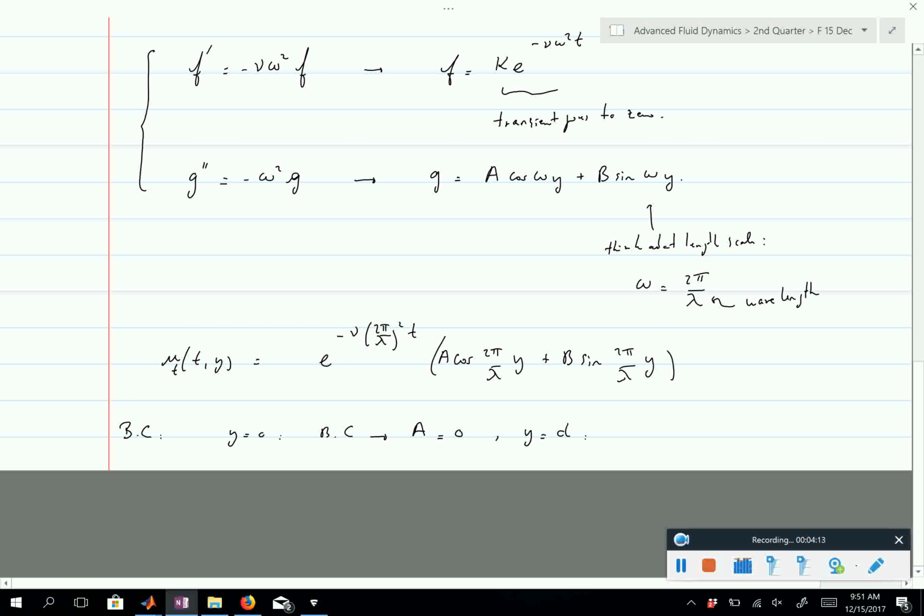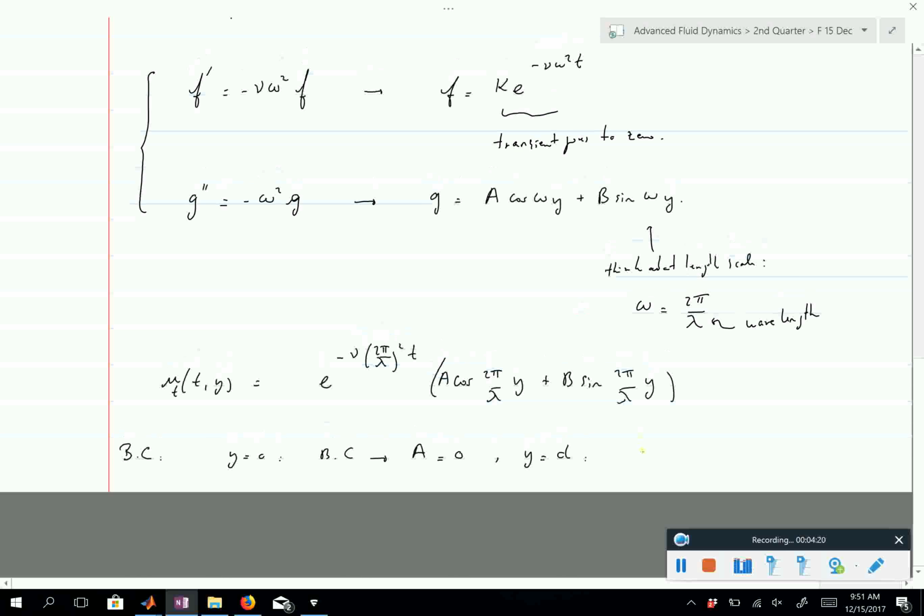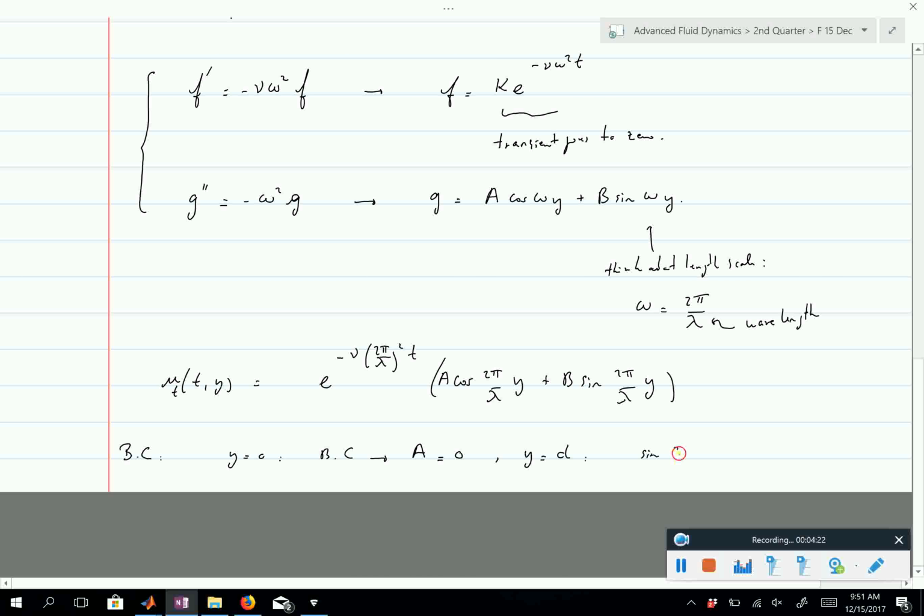Here b cannot be equal to 0, so you just have the sine term, and therefore you need the sine of 2 pi y divided by lambda to be equal to 0, which imposes that 2 pi times y divided by lambda is equal to an arbitrary number k times pi.